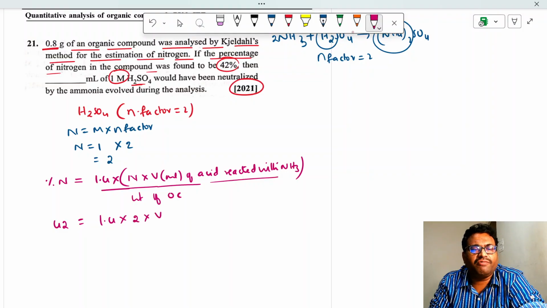We want to calculate the volume, so volume is equal to 42 into 0.8 by 1.4 into 2.